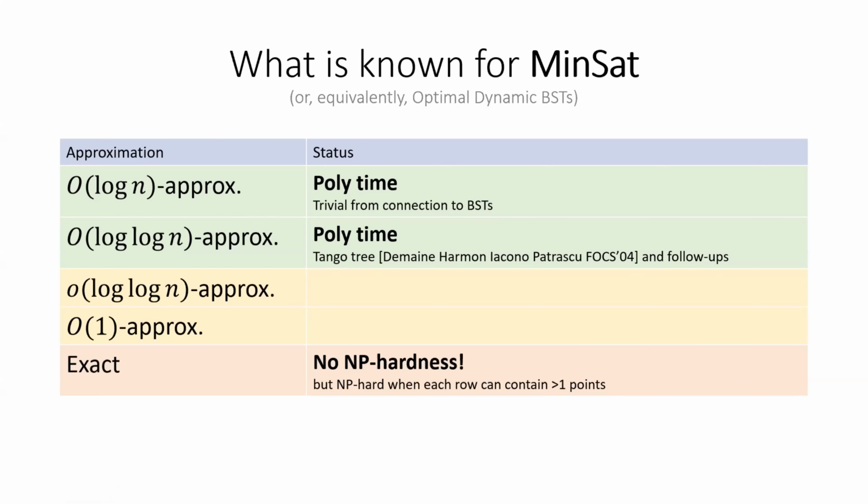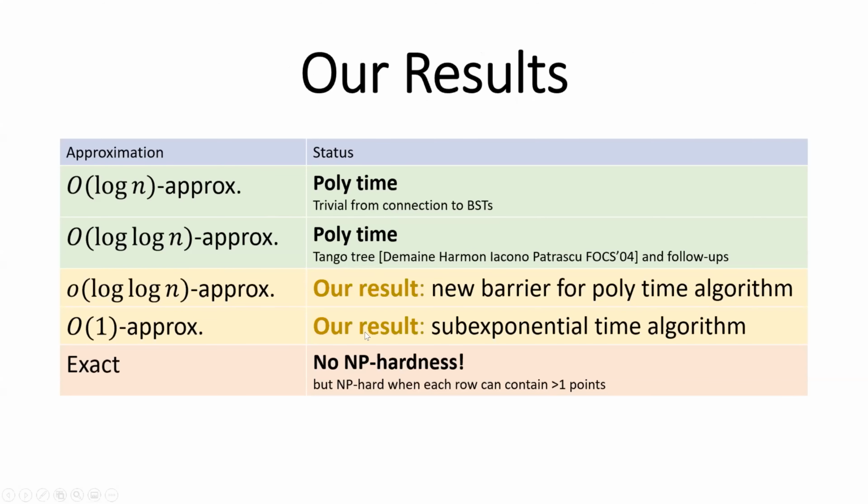And we basically asked what we can do between these regimes. We make some incremental progress, I would say. So first we said that for constant approximation, which is really the final goal, we don't get a polynomial time algorithm yet, but we can do a sub-exponential time algorithm, so something non-trivial.